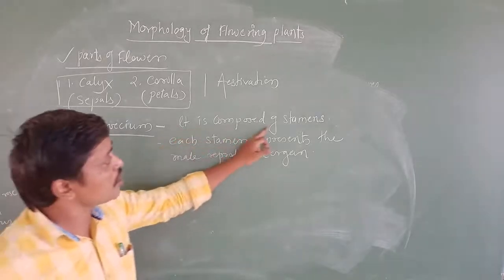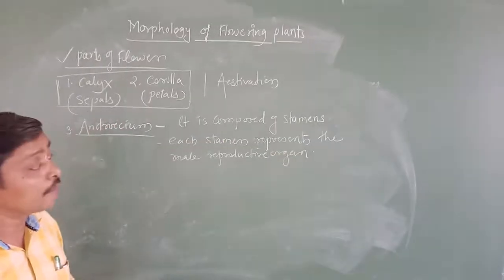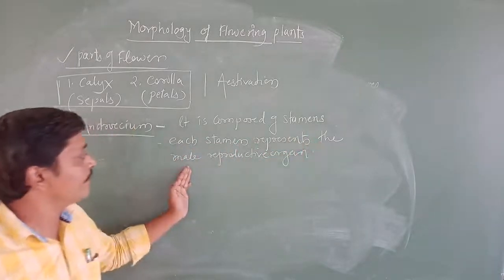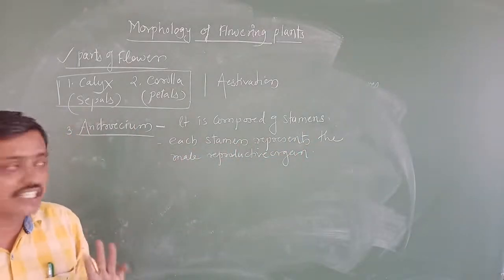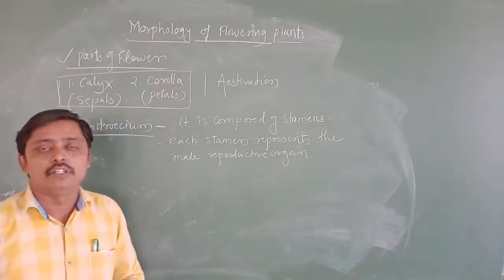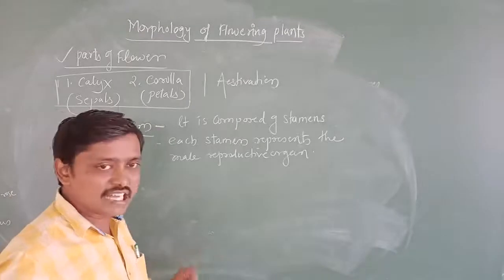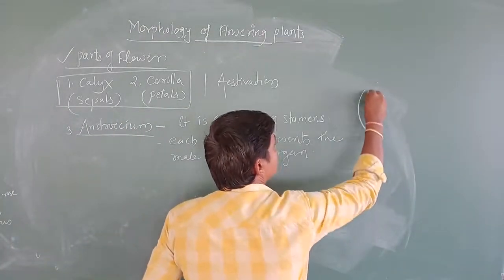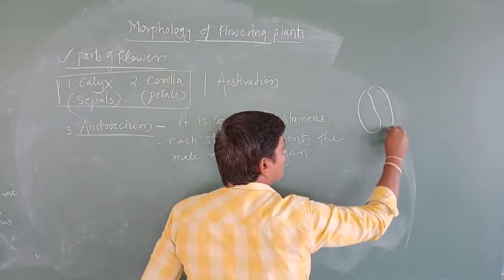It is composed of stamens, and each stamen represents the male reproductive organ. Now, here I am going to draw one stamen, simply like this.